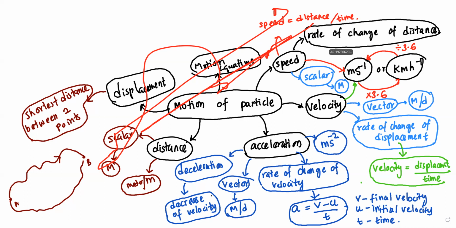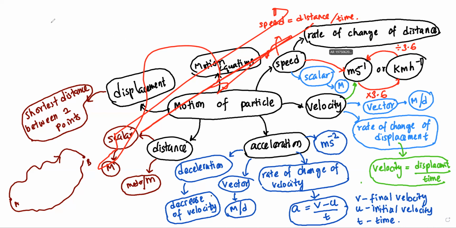Right. Now, the two equations we have studied are v squared equals u squared plus 2as, and v equals u plus at.